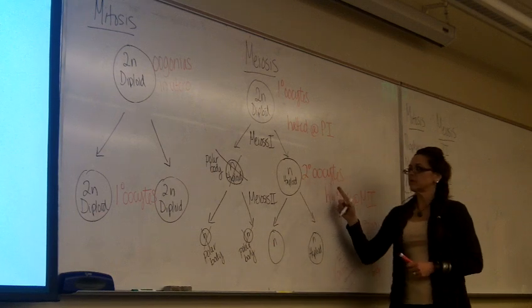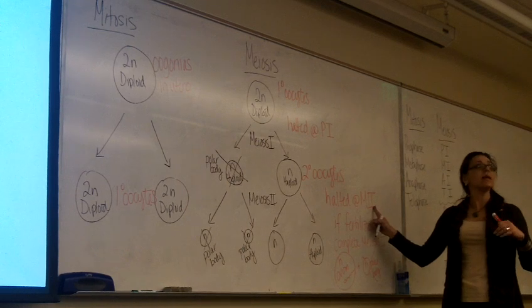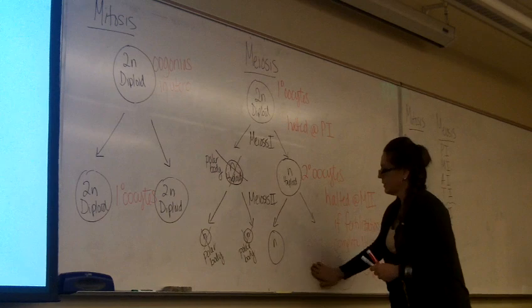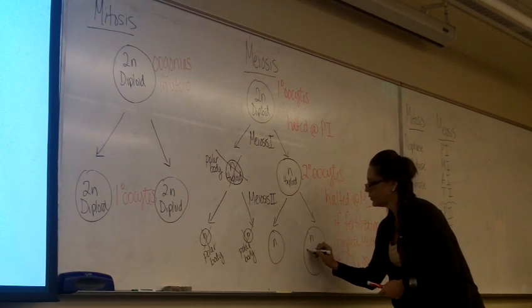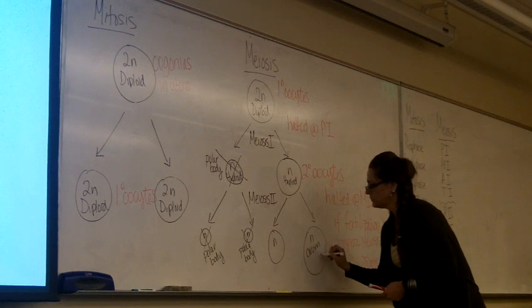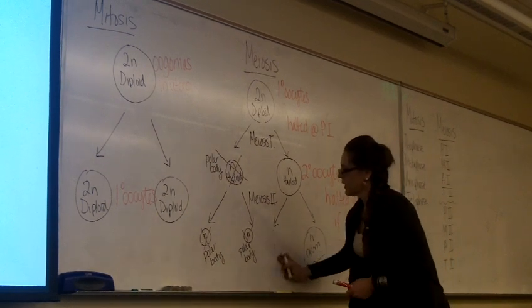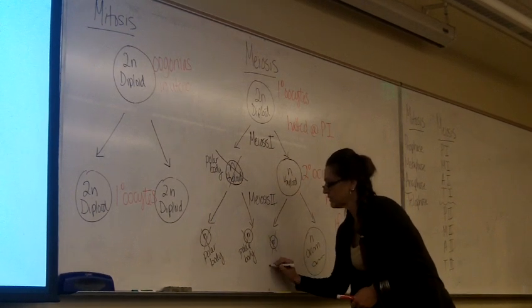If the secondary oocyte halted at metaphase 2 is ovulated and gets fertilized, then you're going to end up with a large haploid ovum. Again, the sperm cell would be inside of there. And then you're going to end up with this little polar body that's going to die off.